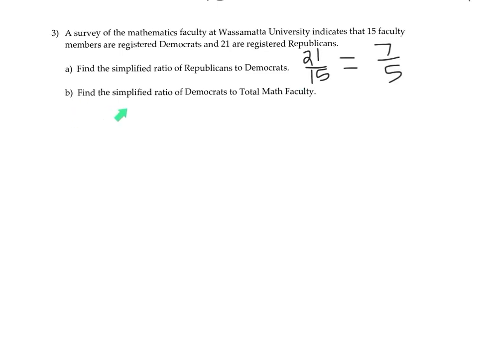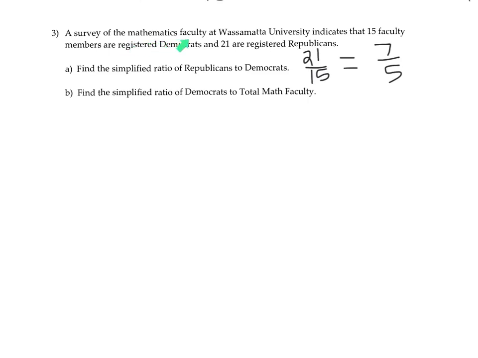Part B, find the simplified ratio of Democrats to total math faculty. We have Democrats are 15. For the total math faculty, we aren't given the total.